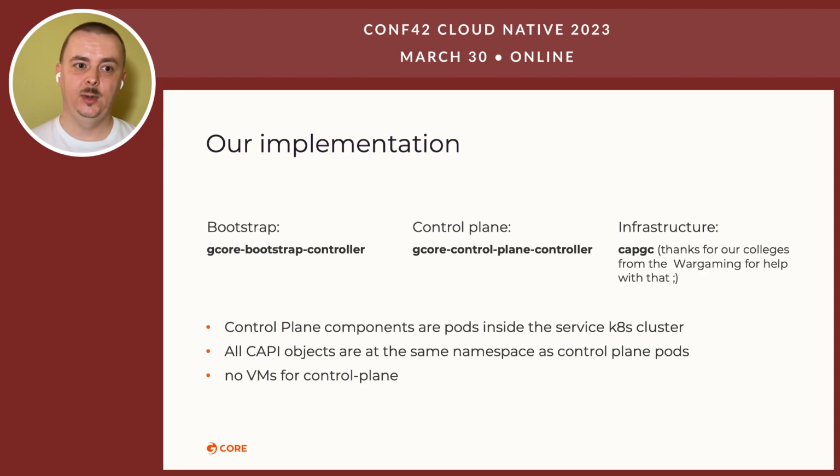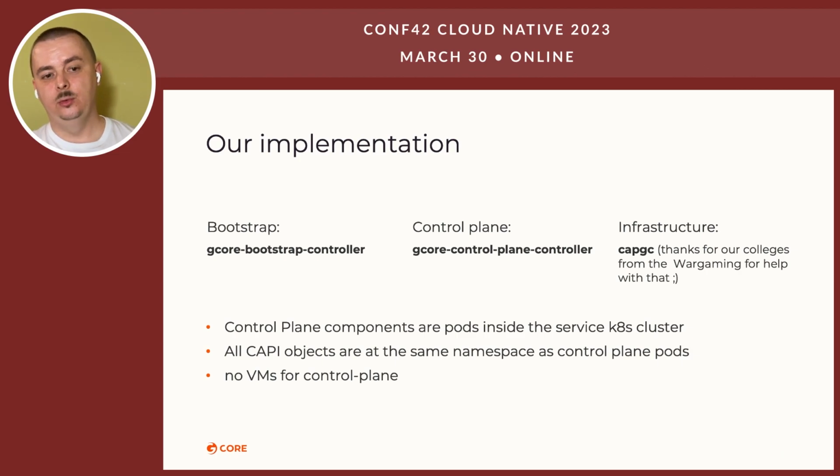So we have a namespace for each client cluster, where we have some custom resources describing cluster, gcore cluster, some control plane, some machine deployments. And we also have the control plane pods inside it. So the control plane components are pods inside the service Kubernetes cluster. And all the cluster API objects are in the same namespace as the control plane pods. And we have no virtual machines for the control plane.